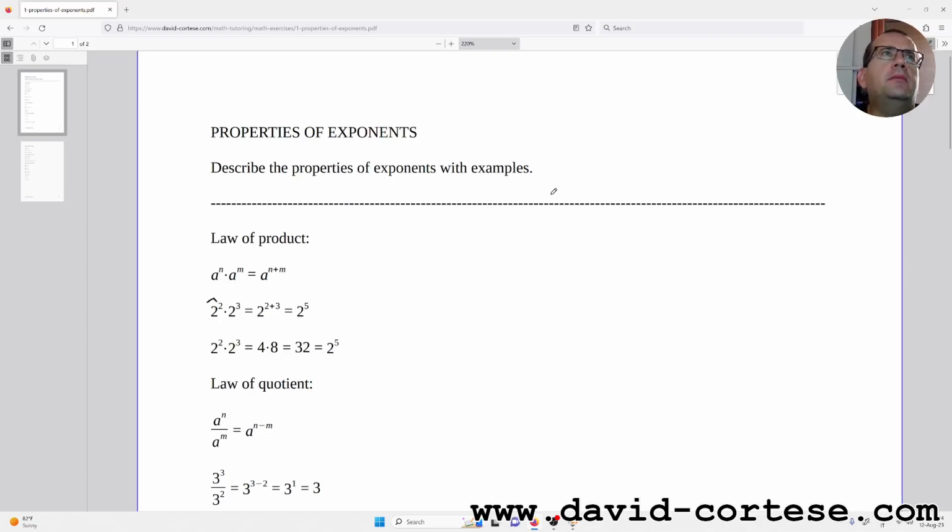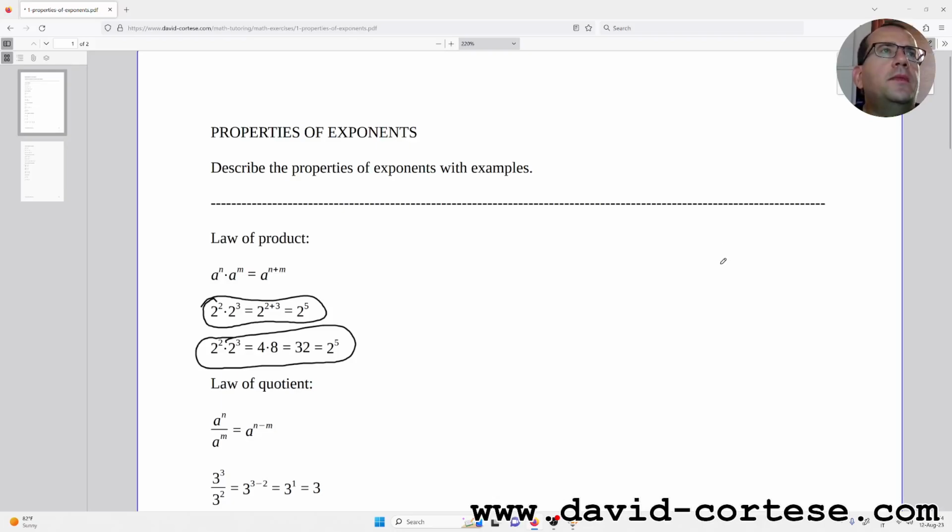For example, 2 raised to 2 times 2 raised to 3 is 2 raised to 2 plus 3, that is equal to 2 raised to 5. So 2 raised to 5, as we can see, is 32. 2 raised to 2 times 2 raised to 3 is 4 times 8, that is 32.